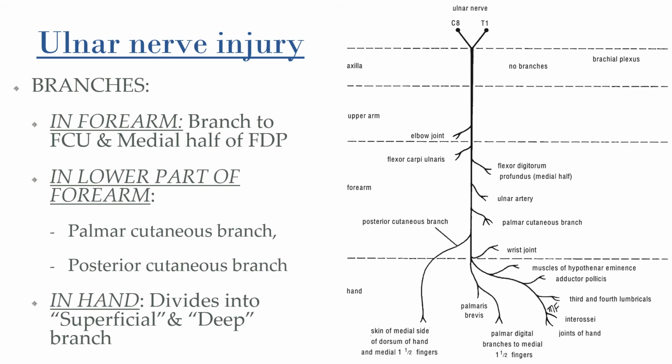When the ulnar nerve enters the hand by passing superficial to the flexor retinaculum, it divides into its two terminal branches, superficial and deep.